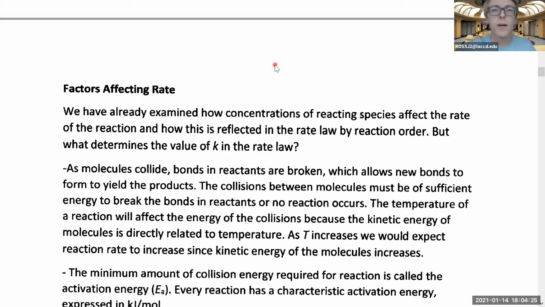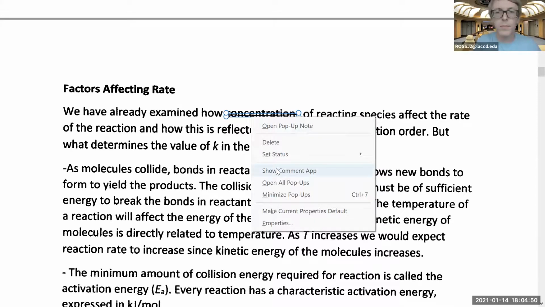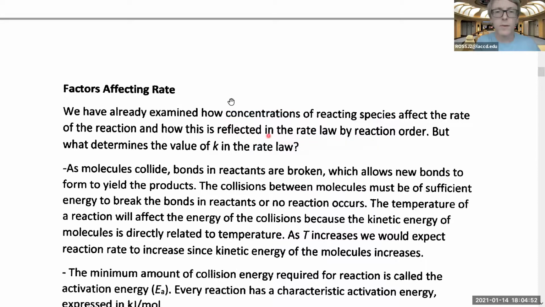Nope. I guess that's not highlighting, is it? Oops. Okay, I will not try and do that again right now.